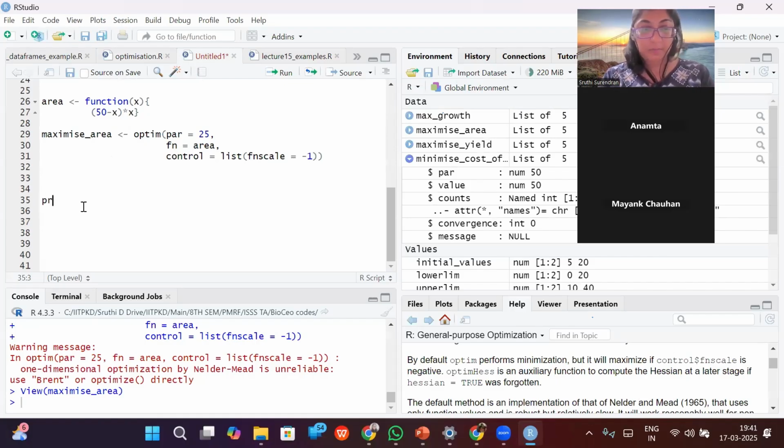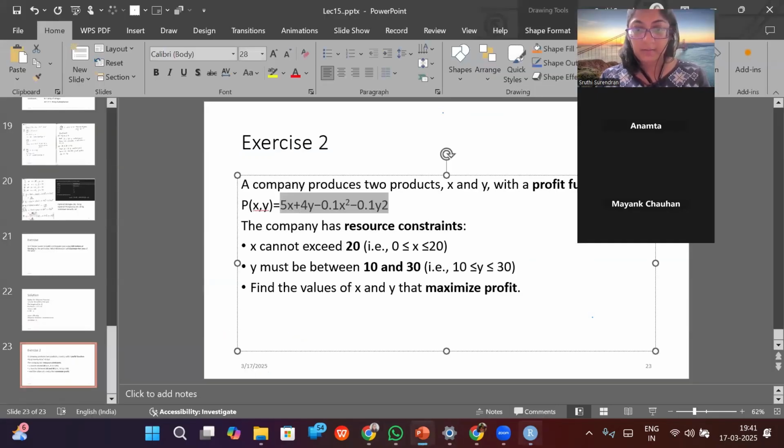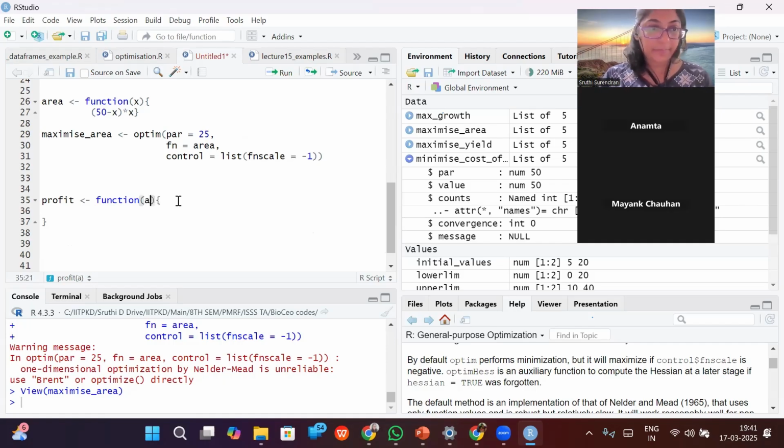The function is profit, which is a function of some variable, say a, and the function is given by this formula here: 5 into x plus 4 into y minus 0.1 into x square minus 0.1 into y square.